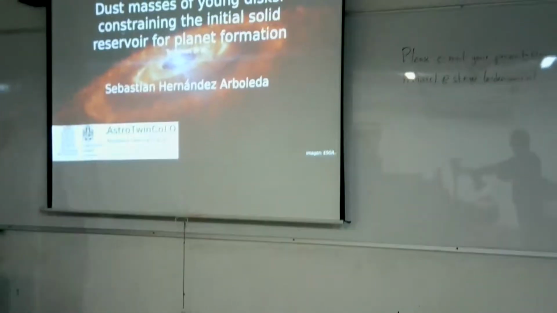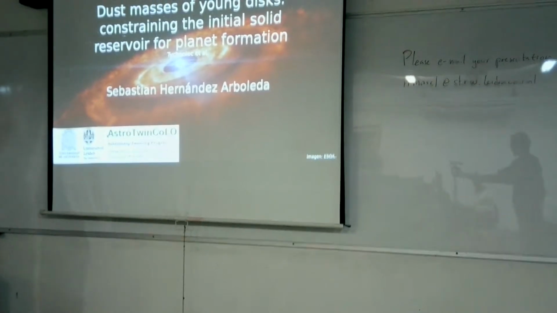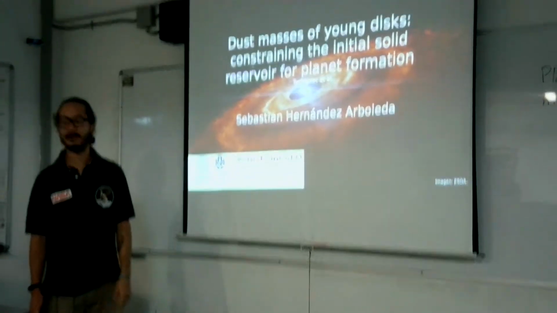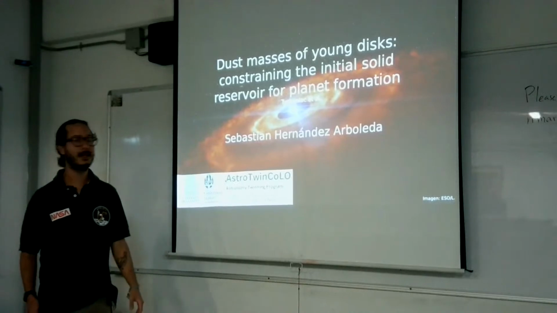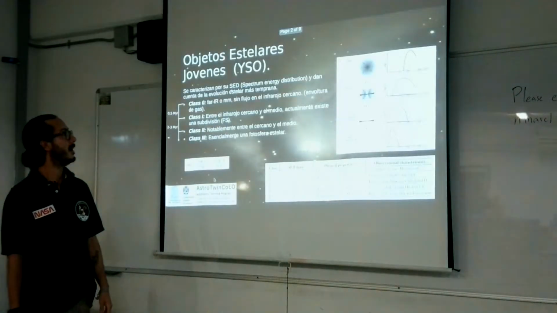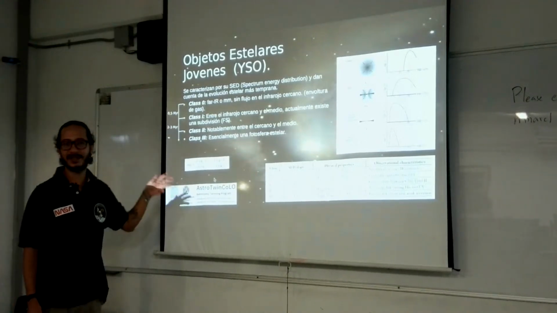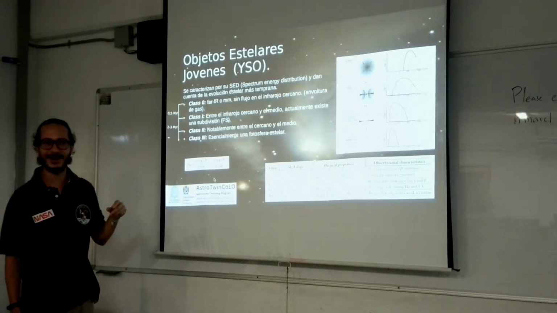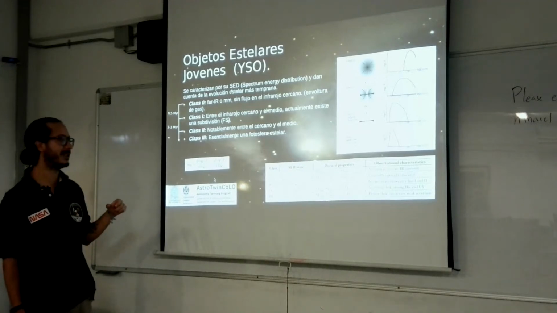So I take the paper about the dust masses in the known list by typewriter. I'm going to start. Sorry if the presentations are in Spanish, but I didn't have enough time yesterday to prepare the slides.